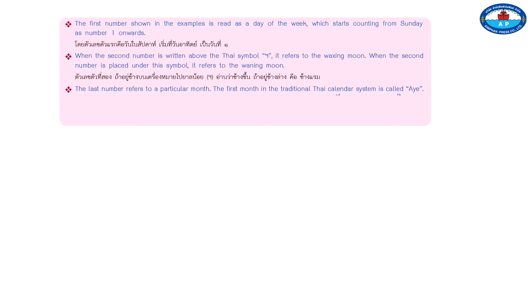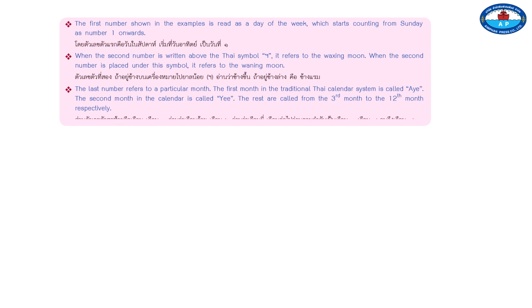The last number refers to a particular month. The first month in the traditional Thai calendar system is called Ai. The second month in the calendar is called Yi. The rest are called from the 3rd month to the 12th month, respectively.